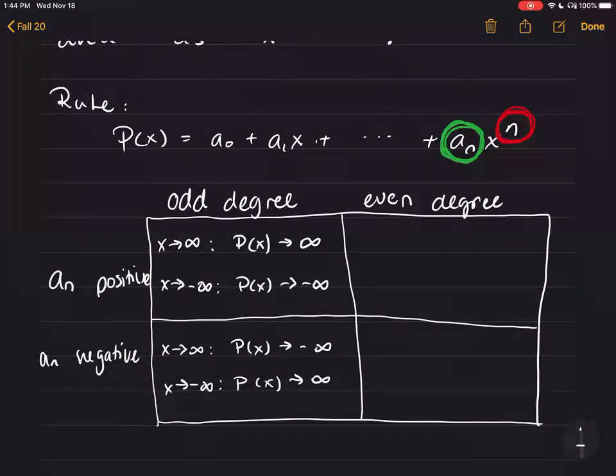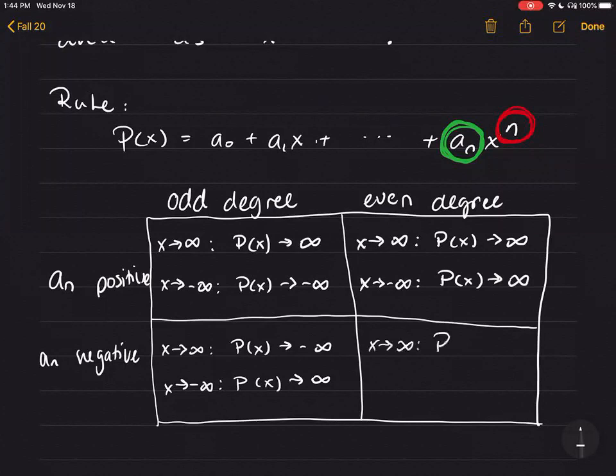All right, and if you have an even degree, it looks a little different. So as x goes to infinity, p of x is going to go to infinity. But as x goes to negative infinity, p of x is also still going to infinity. And then if an is negative, it's going to flip again. And we see that as x goes to infinity, p of x goes to negative infinity.